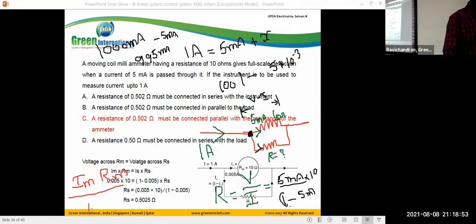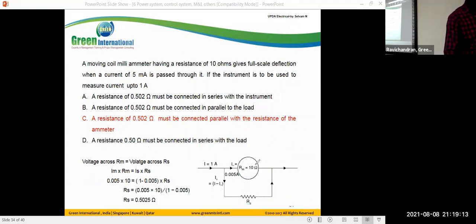That is I. Minus 5 milliamps, which is equal to the meter current, IM. Okay? So, see here. By this way, we find the unknown resistance.